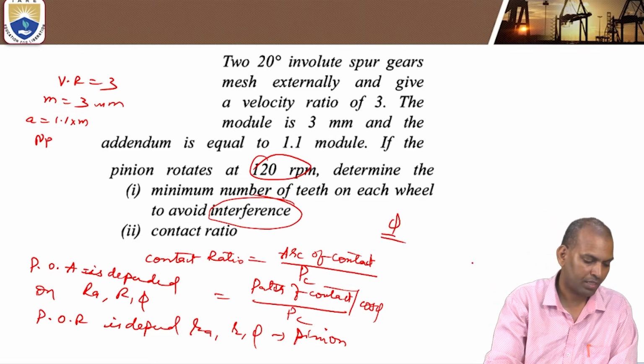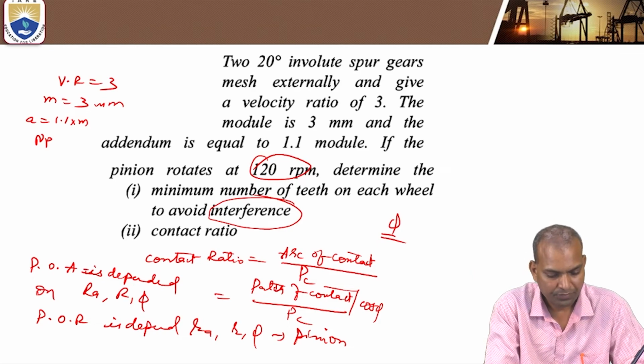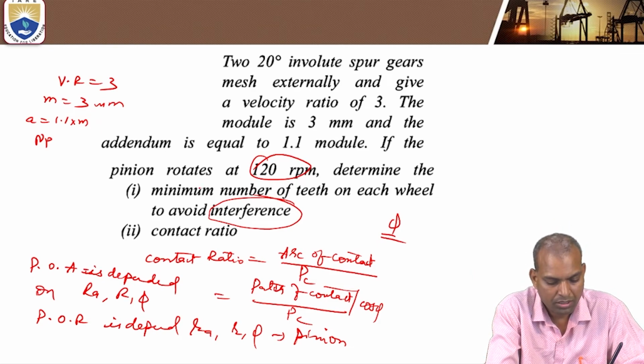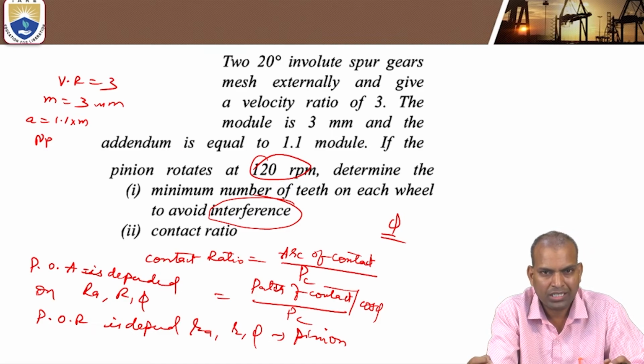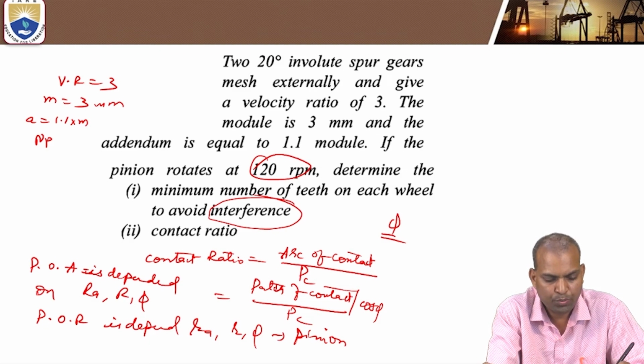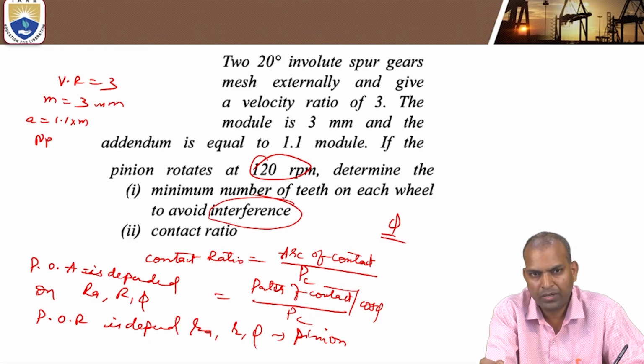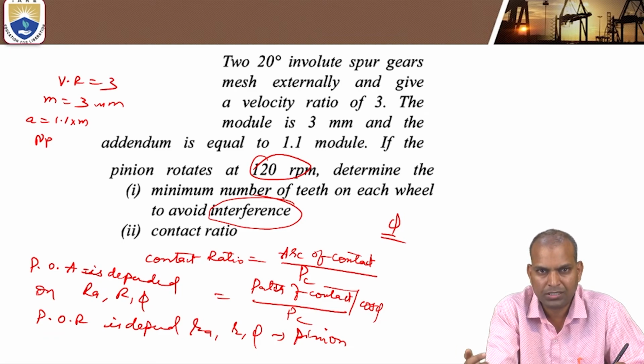Very important is that when two teeth are in contact, the two pitch circles are in contact, and that point is known as the pitch point. The pitch point is the junction point for path of approach and path of recess.